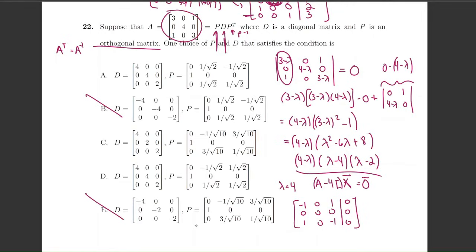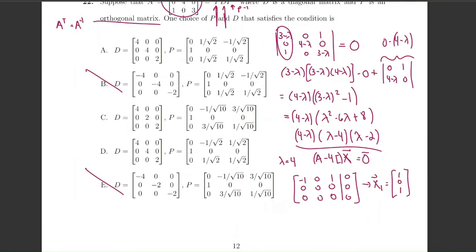These two rows are clearly multiples of each other, so I'm just going to get rid of this, and it becomes a row of zeros. So an x that satisfies this is going to be 1, 0, negative 1. Wait, no, 1, 0, 1.